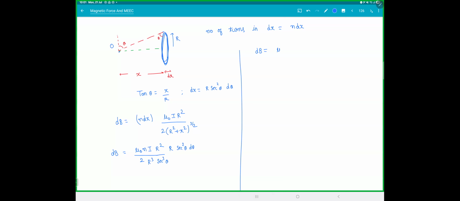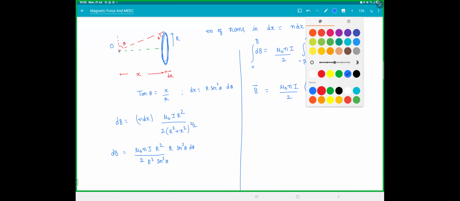So we get mu naught n I, r goes off. You're just left with cos theta from minus beta to alpha. There, you get field at point O will be mu naught n I by 2 into sine alpha plus sine beta. That's your result, everyone.